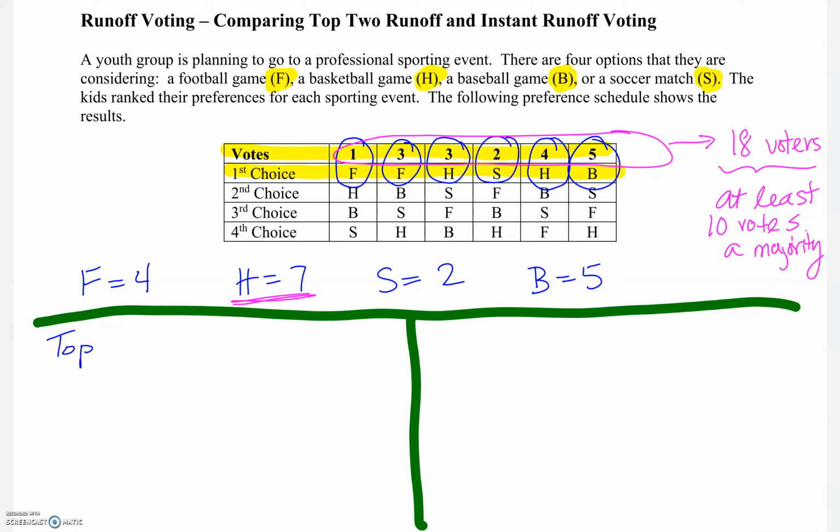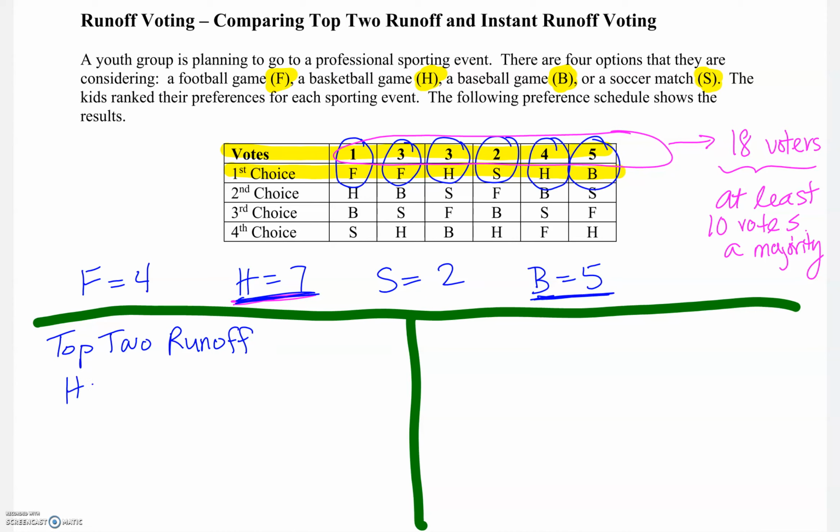Now, as the phrase implies, top 2 runoff is when you look at the top 2 candidates based on the first choices. So the 2 sporting events in this case that had the highest numbers were basketball and baseball.